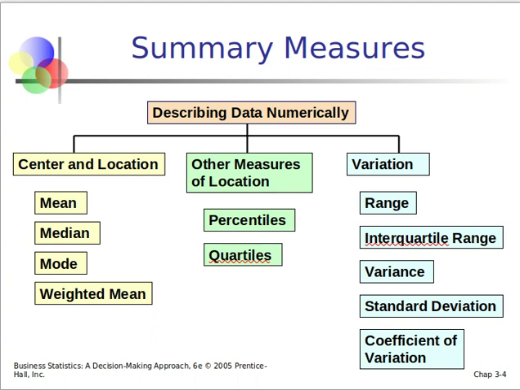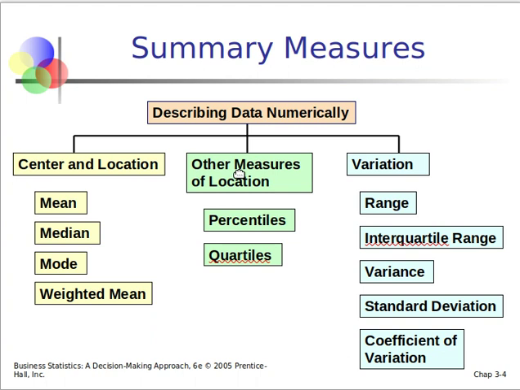To describe the data numerically, we need to locate the center of the data set, where they are located, the center and the location of the mean, median, mode, as well as the weighted mean.